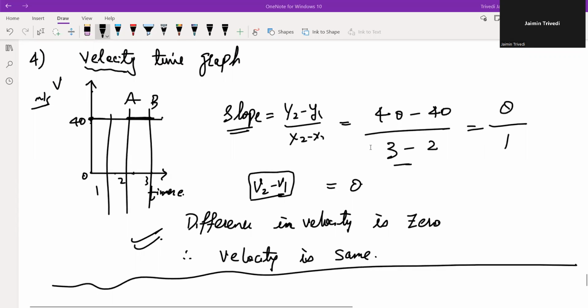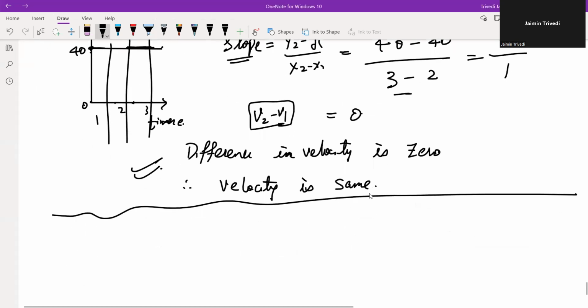So here what we saw is about acceleration. It is constant velocity. The velocity time graph will give you acceleration.